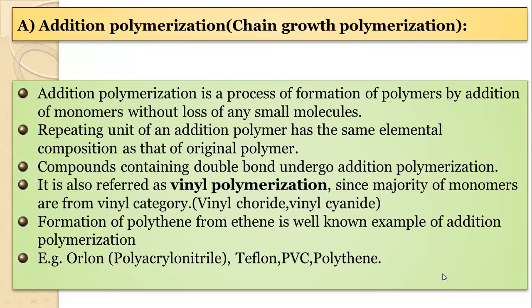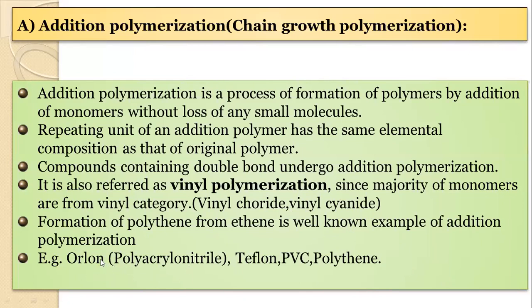In the next slide, I will explain how PVC and polyacrylonitrile are prepared. Then one of the famous addition polymers is polythene. It is prepared by using ethene, a well-known example of addition polymerization. Then some other examples I have given.